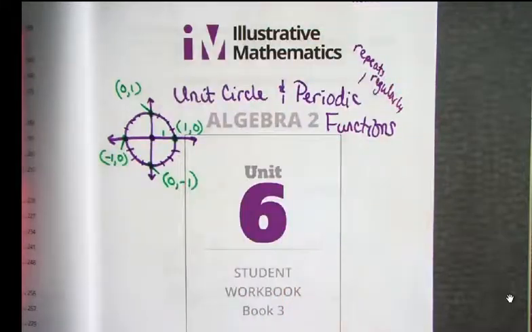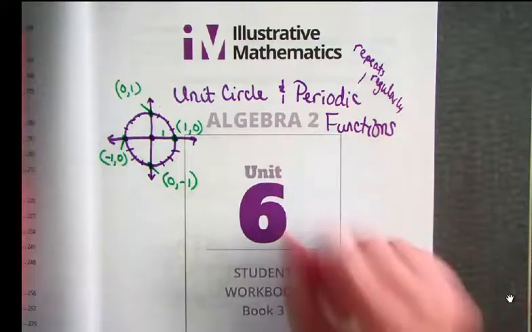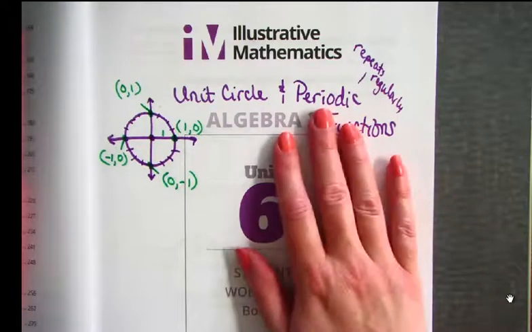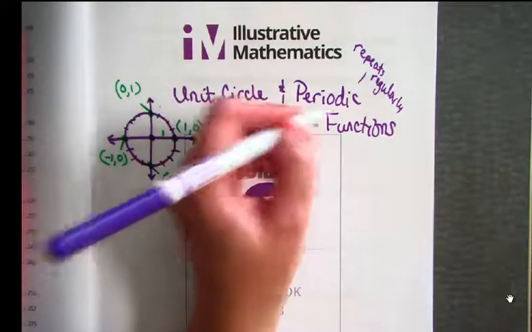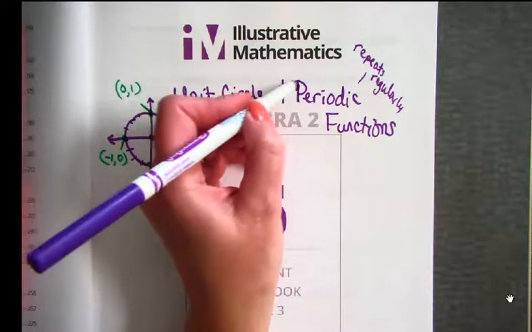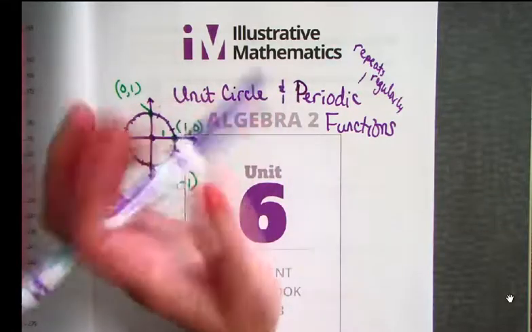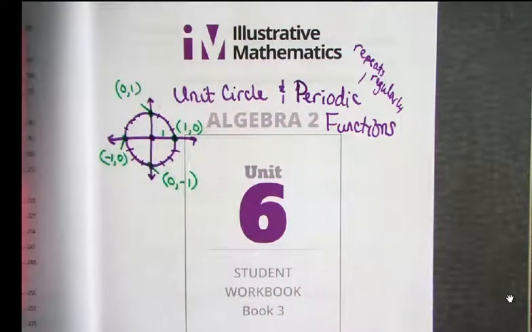So a periodical in the library is like a magazine or a newspaper that comes out at the same time. So maybe it's once a month, maybe it's every day that they have a new newspaper. It's a periodical. When you have something like first period, second period, and third period, you would be going at the same time to each one of those, and it would be the same routine each day. It repeats regularly. So we're going to be looking at periodic functions.